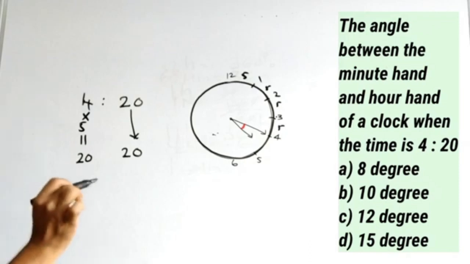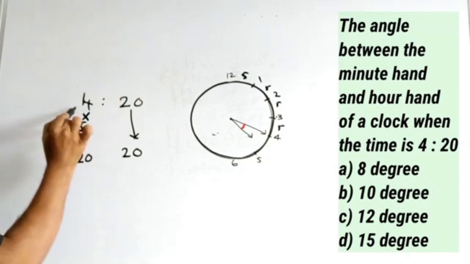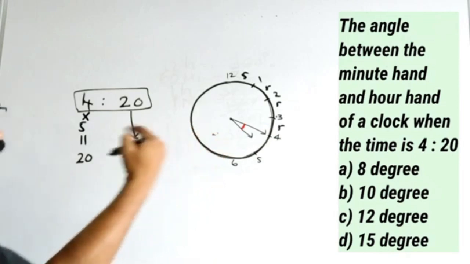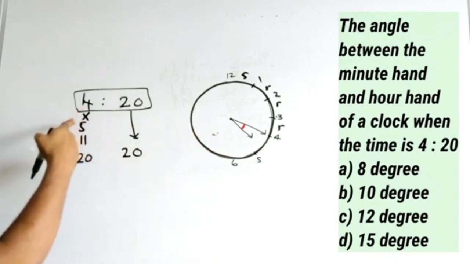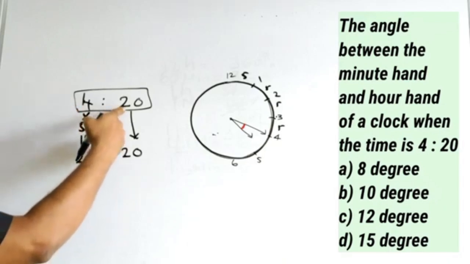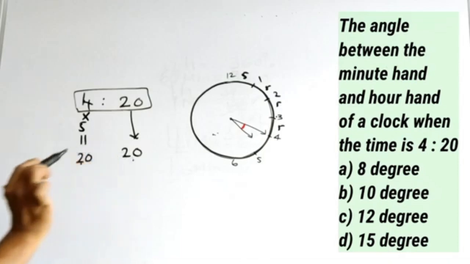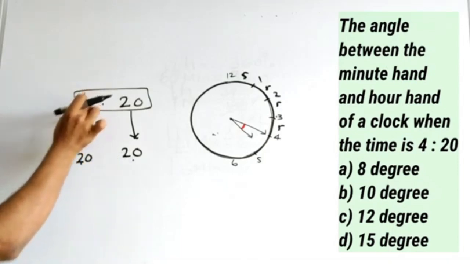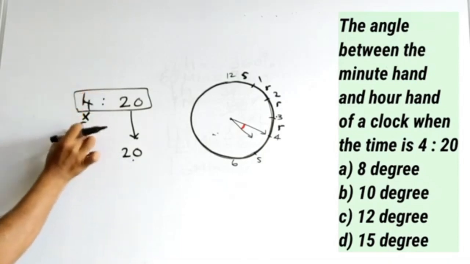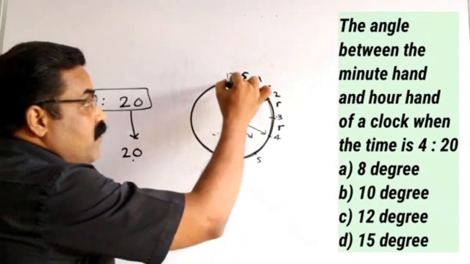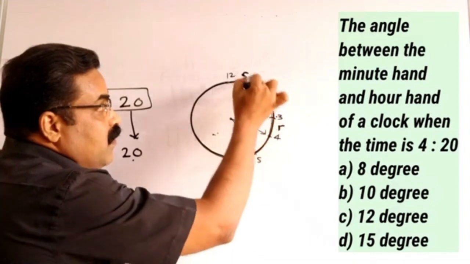Understand very clearly what I did. 4:20 is the time given in the question. That 4 is multiplied by 5 to make 20, and the minute given in the question is also 20. So we got 20 minutes. We convert this 4 into minutes by multiplying by 5, because every one number gives 5 minutes.